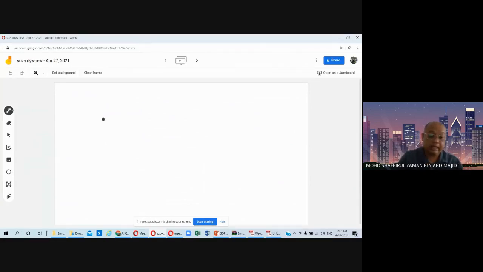For the flowchart, it is going to be yes or no. If your decision is yes, most probably you are going to go to the next step.